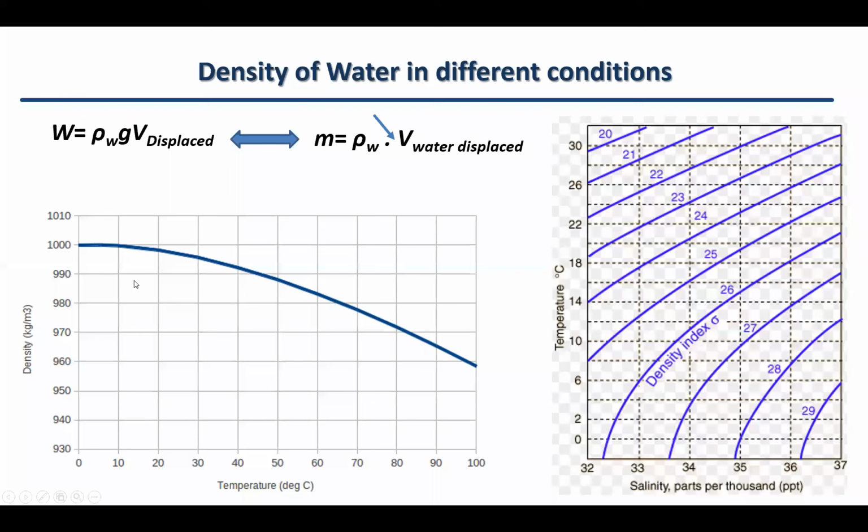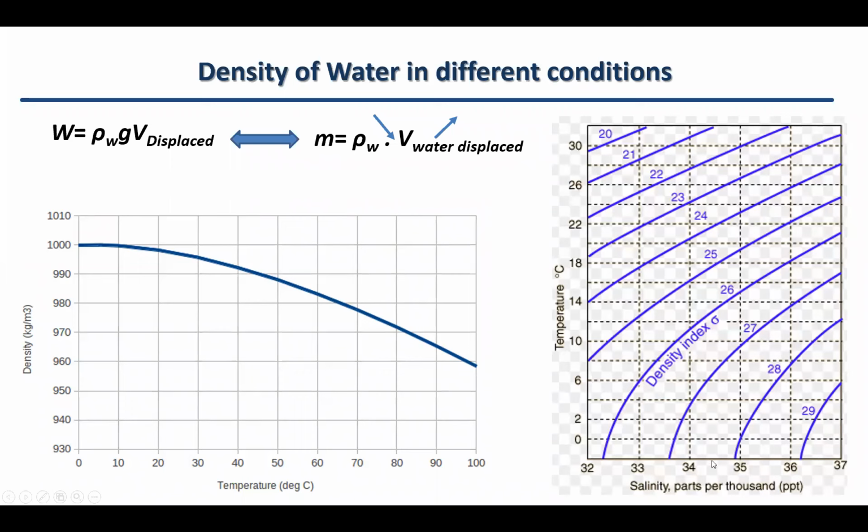So, for example, in tropical water, if the temperature is around 30 degrees, compared to the Atlantic Ocean, where the temperature might be 10 degrees or less, we have lighter water. In that case the density decreases, the volume of water displaced increases, and the ship can go down in the water.